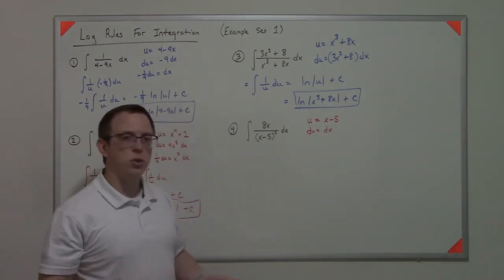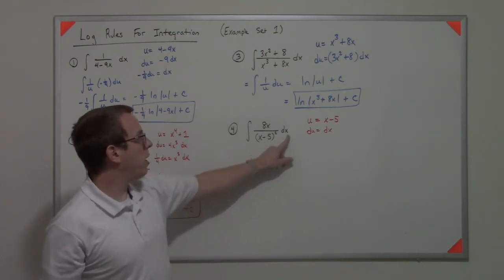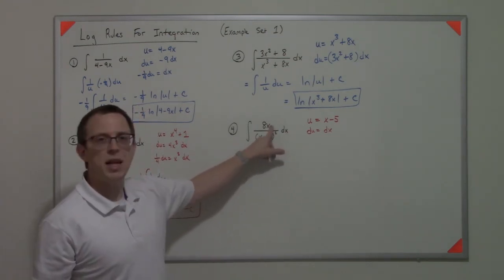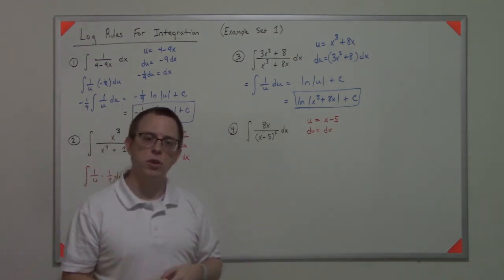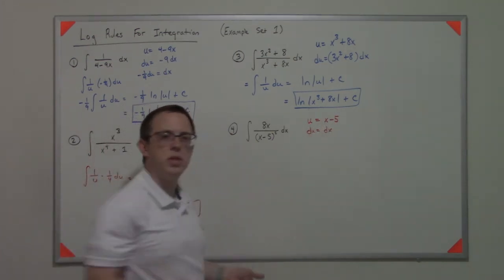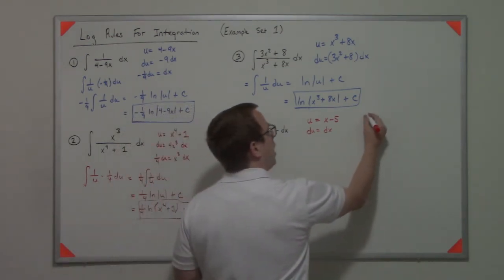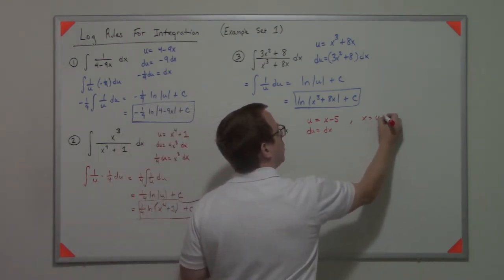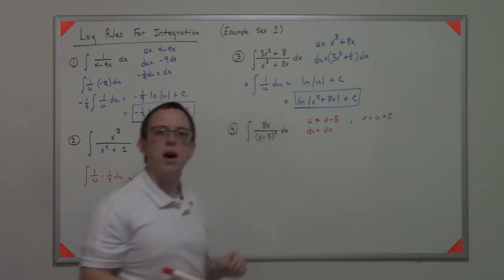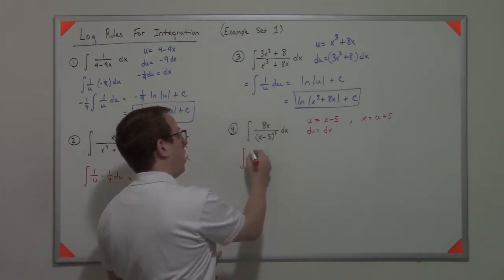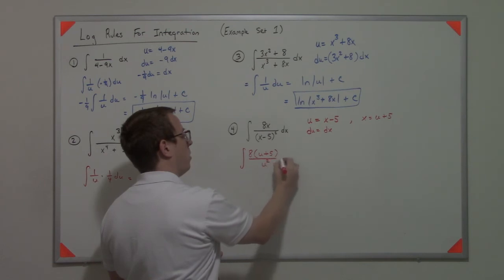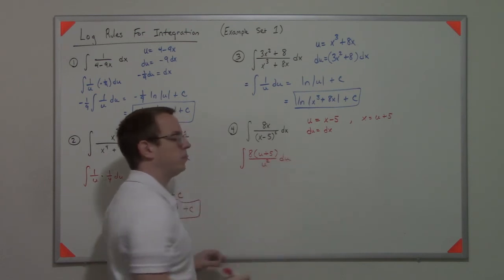Alright, so if that's true, this becomes u squared, and that'll become du. But what happens to 8x? I don't really have anything here. So we have to use that sort of clever substitution where we say, well, if u is x minus 5, then x must be u plus 5. Oh, okay, alright. So then I now have 8 times u plus 5 over u squared du.